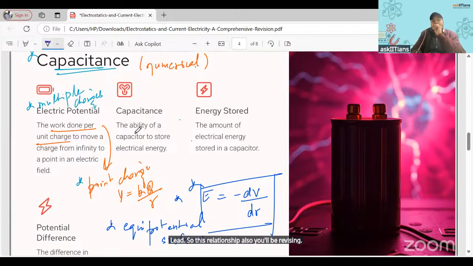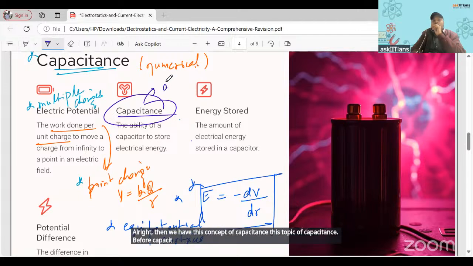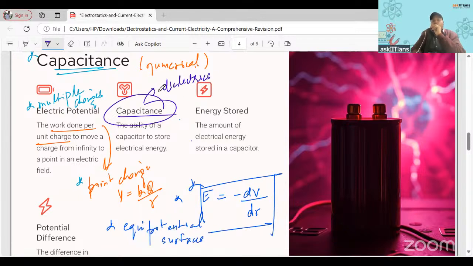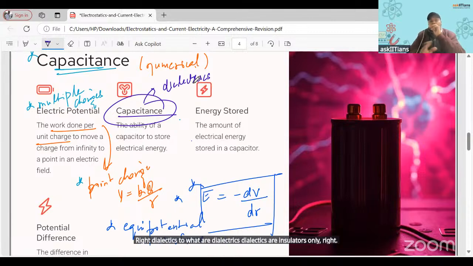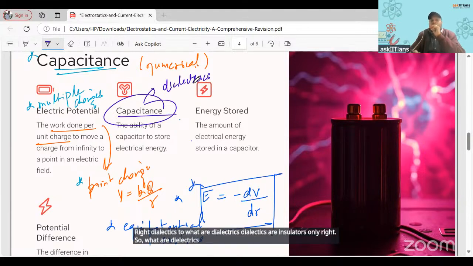All right. Then we have the topic of capacitance. Before capacitance, we learn about dielectrics. So what are dielectrics? Dielectrics are insulators only. What is the dielectric constant? Can anyone tell me?